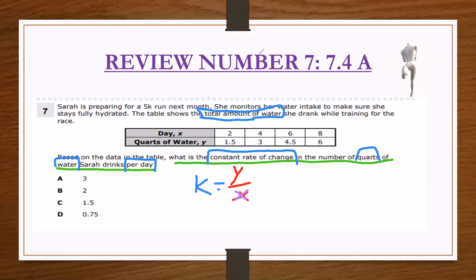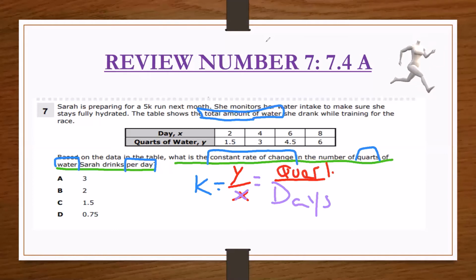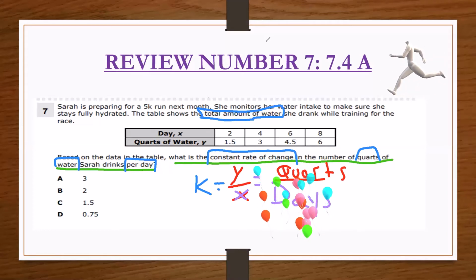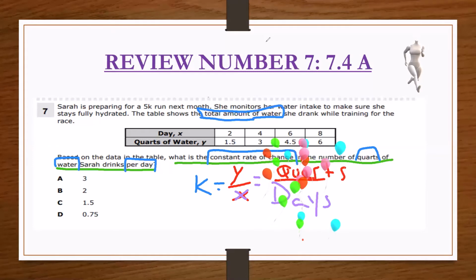Okay, now when we look at this, I can tell you right now that my days will be at the bottom and my quarts will be at the top. So when we look at the table, it's showing us that days are on top and quarts on bottom.